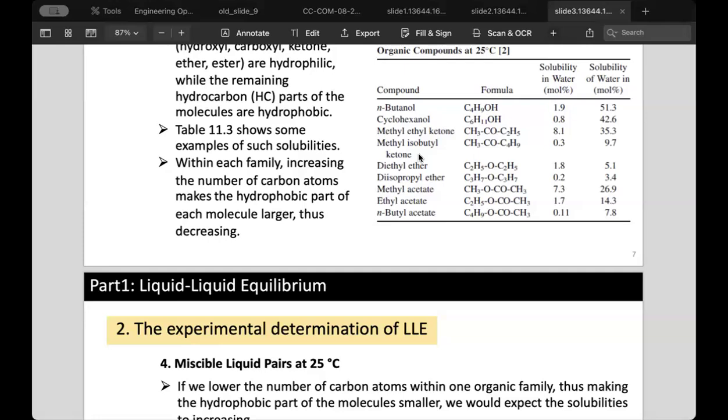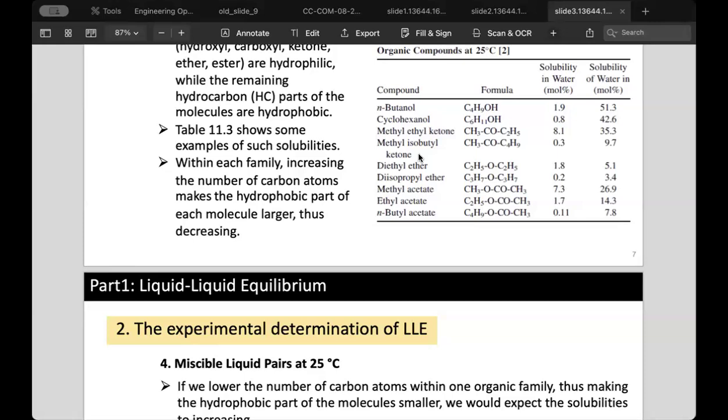Yes, they're both hydrocarbons. This one is also a hydrocarbon, right? This is organic, right? This one in the structure contains some functional group which induces a polar structure, right?